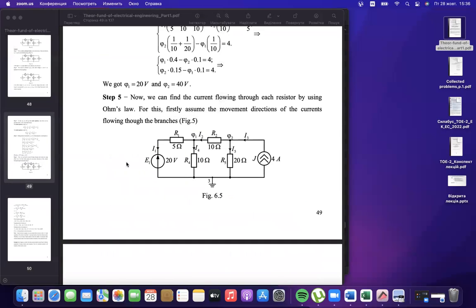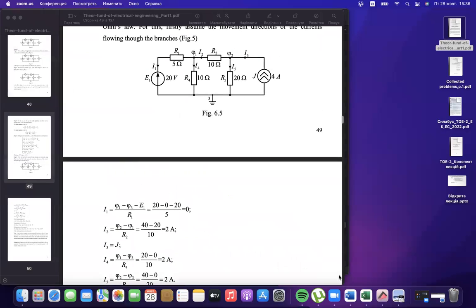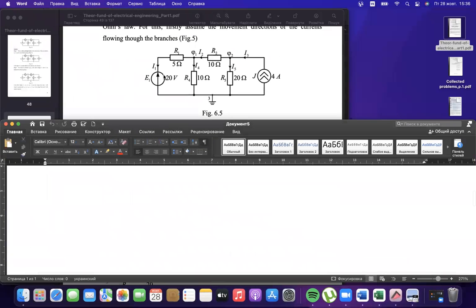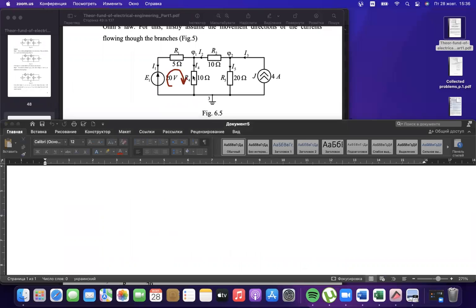Let's do the same with mesh currents, to compare; the numbers will be the same. We have the first mesh, the second mesh, and the last mesh as 4 amperes. For the first mesh, we pointed it as double index, I11.